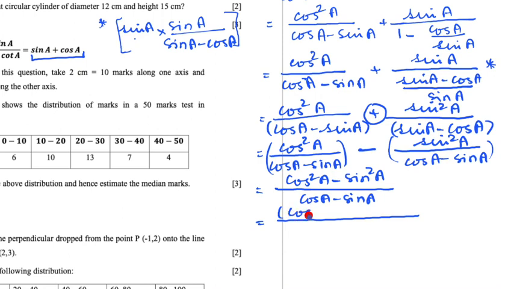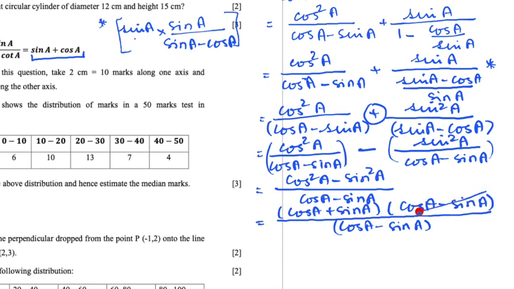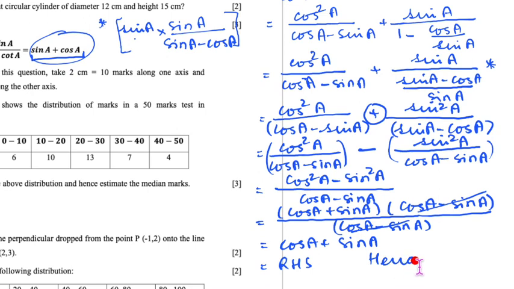So it will be cos A plus sin A into cos A minus sin A, and that upon cos A minus sin A. This gets cancelled, this gets cancelled, and you will have cos A plus sin A, which is what we want. Can you see that? So this is equal to RHS, and then we'll say hence proved.